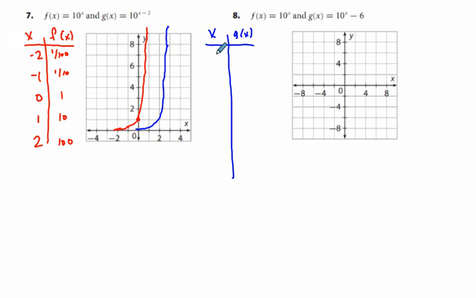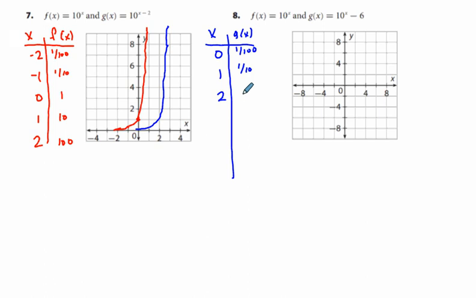We're going to have 0, 1, 100. And so it's just like taking negative 2 and moving it to the right. 1 is going to be 10. 2 is going to be like the y-intercept we have originally.